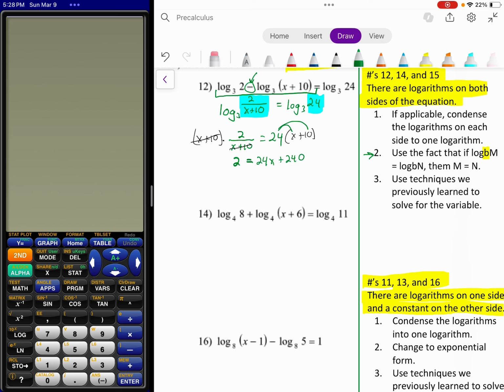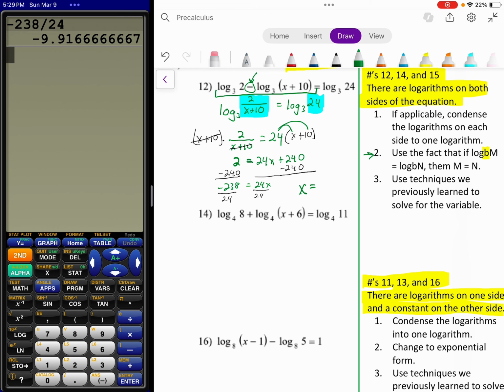And now we're solving for x. So that's a pretty simple equation to solve. Subtract 240 from both sides. 2 minus 240 is negative 238 equals 24x, and we divide both sides by 24, and we get x equals negative 238 divided by 24, which is negative 9.9.